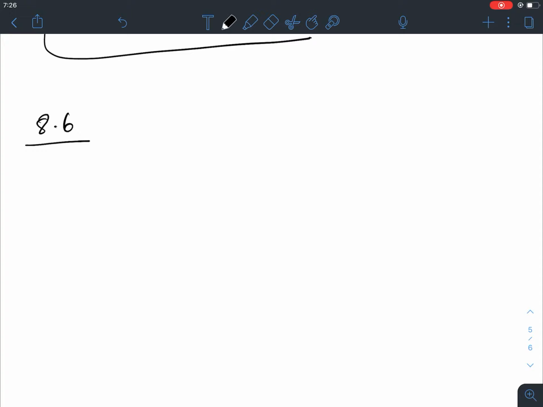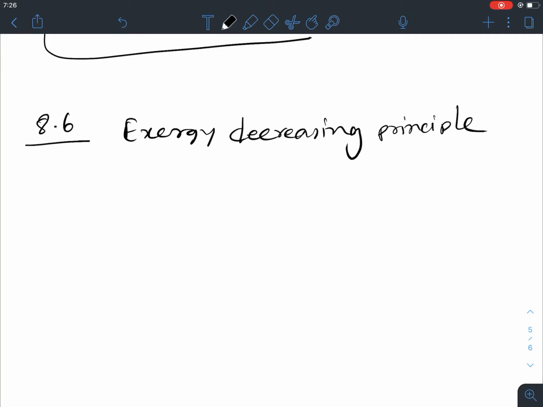So now let's talk about one more topic, which is 8.6. Basically, in the entropy chapter we saw the entropy increasing principle. However, in exergy we'll see the exergy decreasing principle, right?